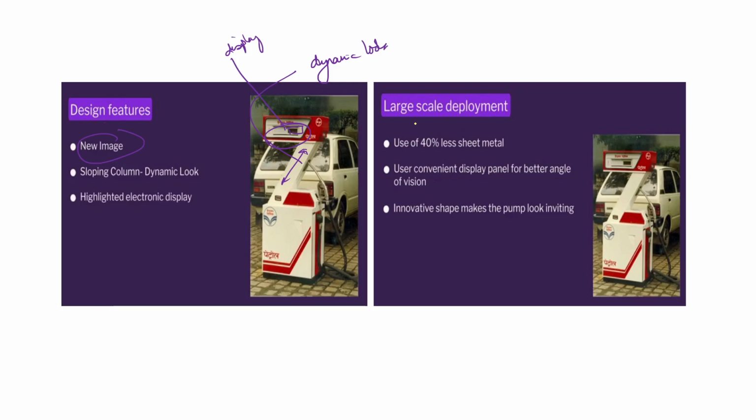And if you see here, use of 40% less sheet metal. This is a huge margin. Remember they were having box type petrol pump. It was using lots of materials. So by this, they actually reduced a lot of material.